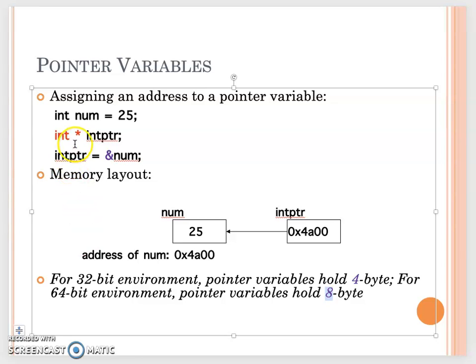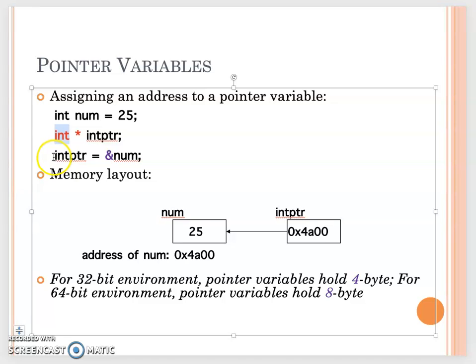That's the meaning of the pointer variable. You always have the asterisk associated with the data type of the variable you want to refer to. So if we want to refer to an int variable, we use an int pointer. For example, if you have a double variable, the pointer becomes a double pointer. But here, let me show you only the int data type first.